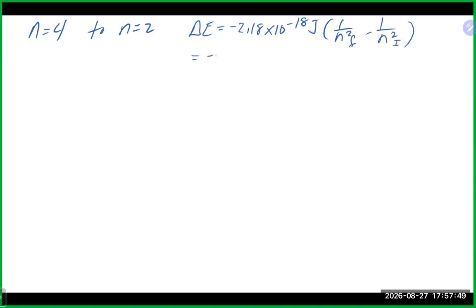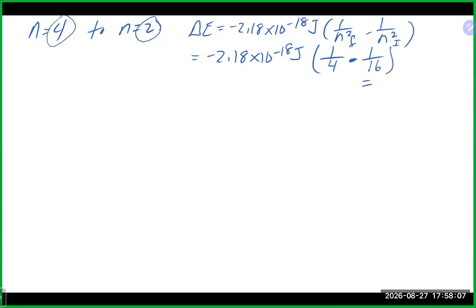And again, minus 2.18 times 10 to the minus 18 joules, 1 over our final, which again is 2. So we're going to square that. That's going to be 4. Not equal, but minus 1 over our initial, which is 4, also going to be squared, which will be 16 in this case.